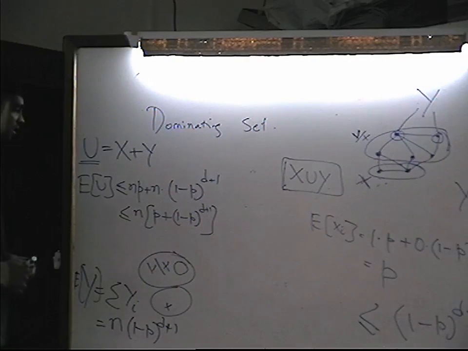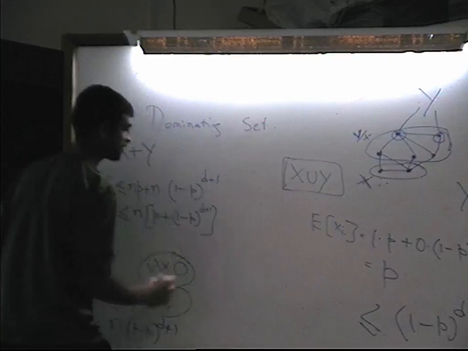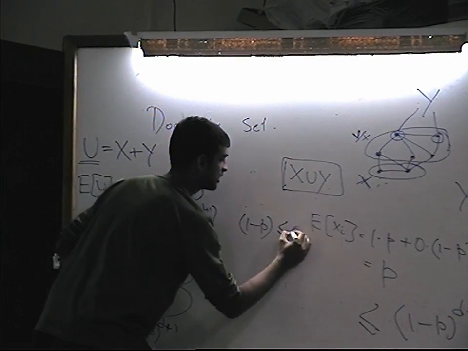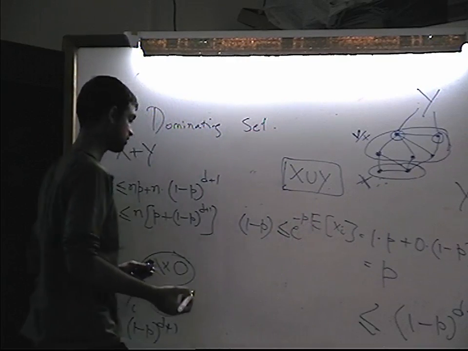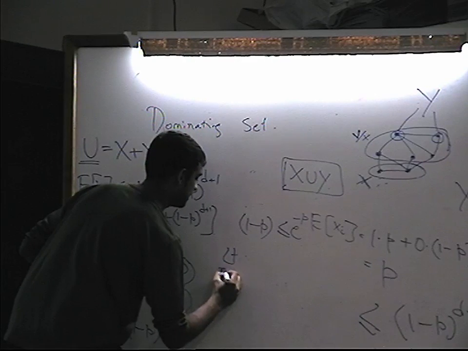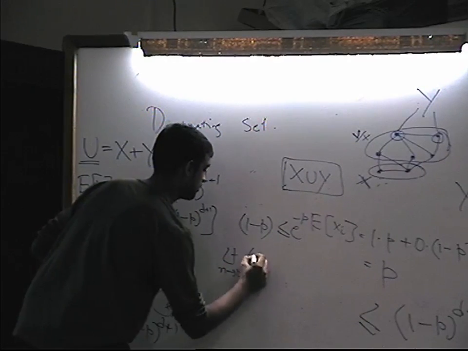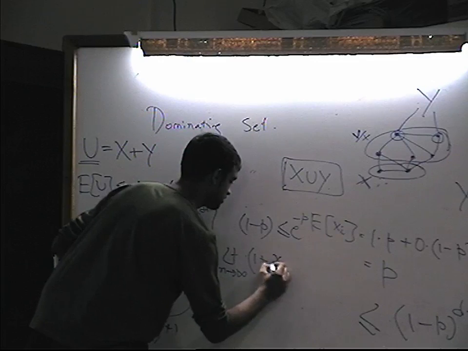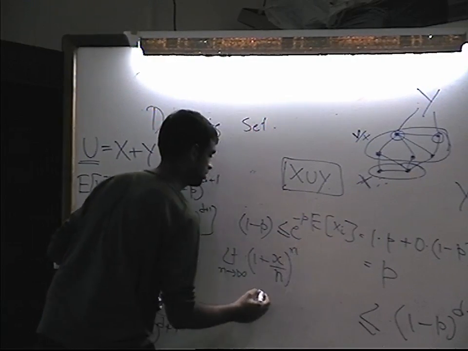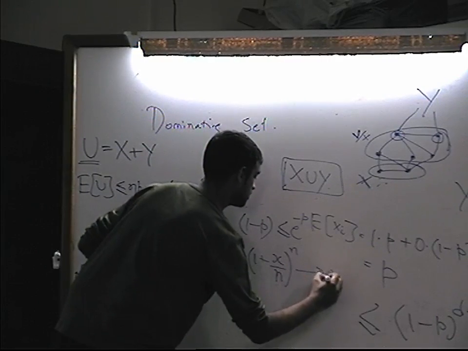Now we use the fact that 1 minus p is at most e power minus p. Why is this true? If you take the limit as n tends to infinity, (1 plus x by n) to the power of n would tend to e power x.